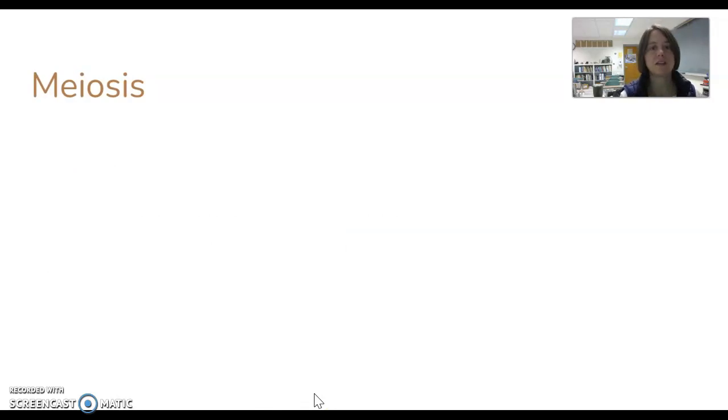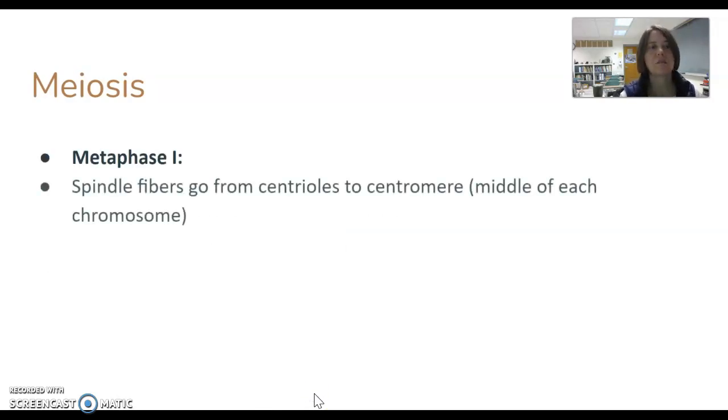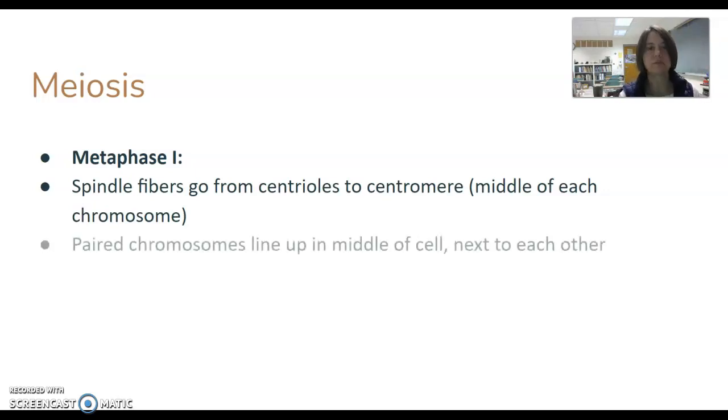After prophase 1 is metaphase 1. The spindle fibers go from the centrioles to the centromeres, which is the middle of each chromosome, and those paired chromosomes get lined up at the middle of the cell next to each other.